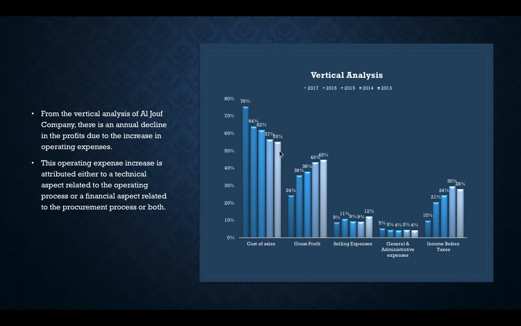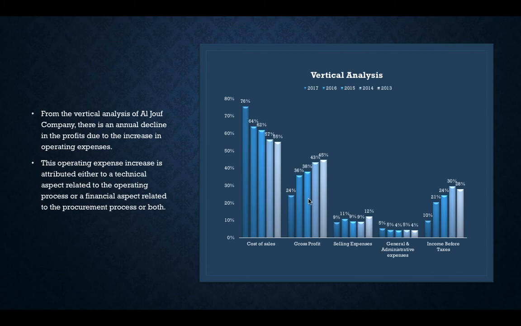If I sold 100, it's 80%. But in this case, it is increased: 55%, then 57, 62, no action from the management, 64, no action, then it jumped to 76% of the gross sales.